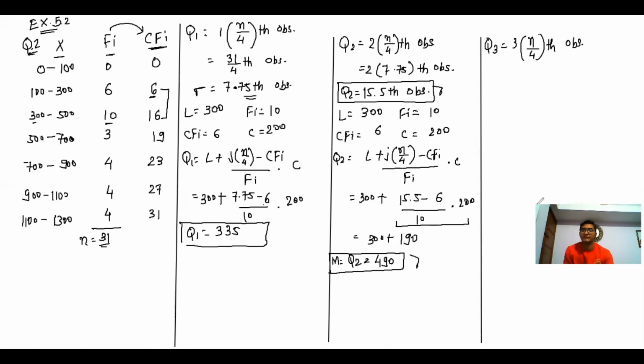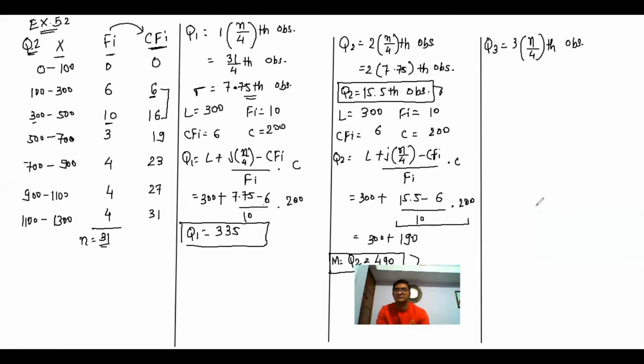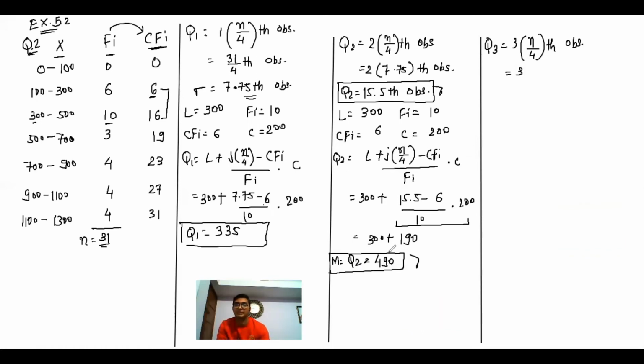Next, Q3. 3 in bracket value of n by 4, 7.75th observation, and the value of our Q3 answer, that is the 23.25th observation.